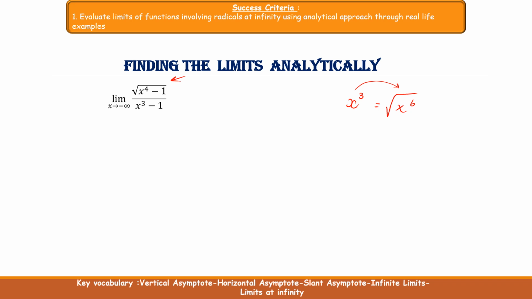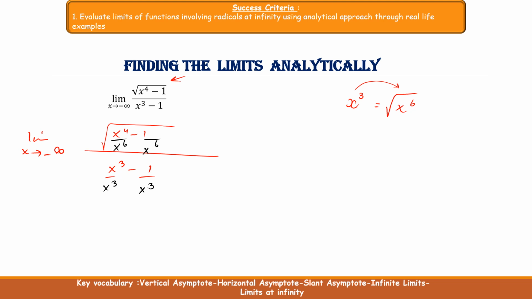So let's try to finish it up. How do we write? Here x cube minus 1 and here x power 4 minus 1. So without the square root, we will write x cube, and inside the square root, we will write x power 6.